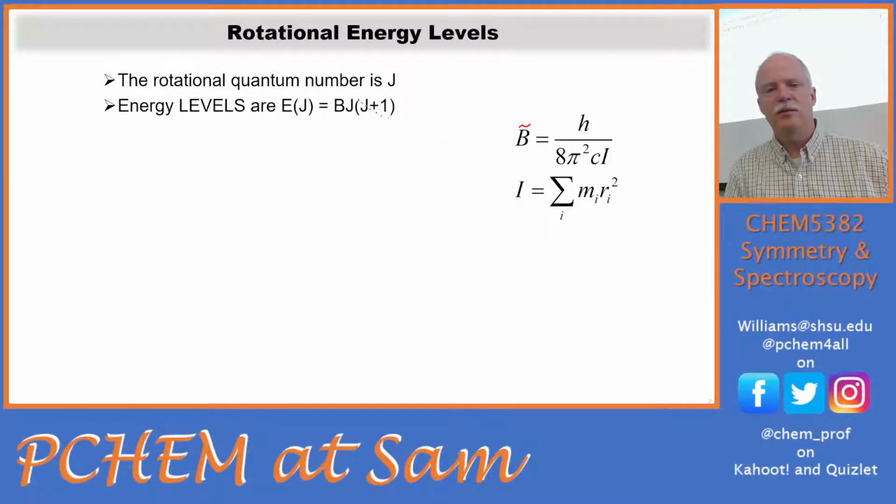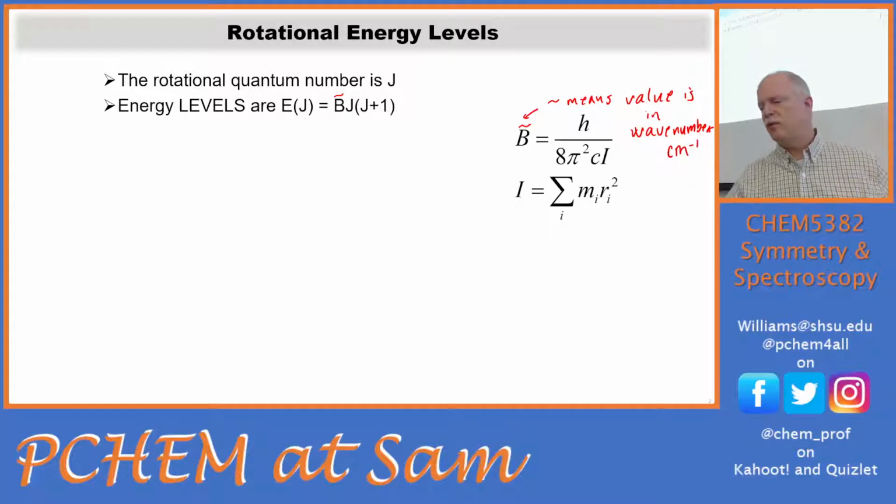It's just hard to do with some of the fonts, and that means it's in wave numbers. And typically in our spectroscopies, we talk about wave numbers, centimeters to the minus 1.